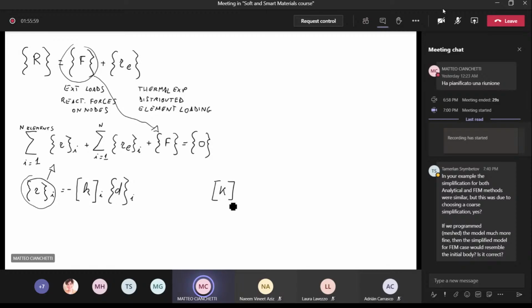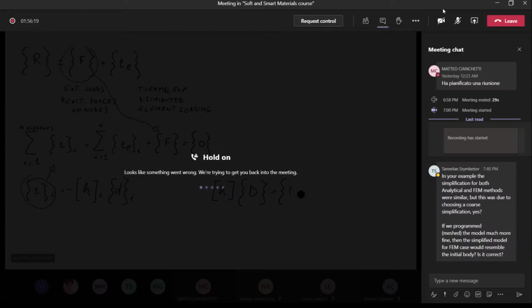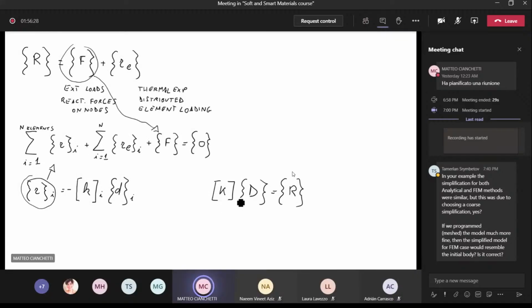So in this case, we have the global, because we are summing all the elements' contributions, K, T, equal to R. This is, of course, enforced by the equilibrium of force.